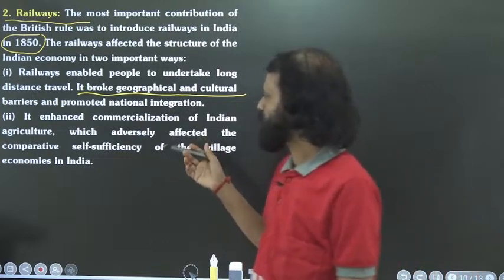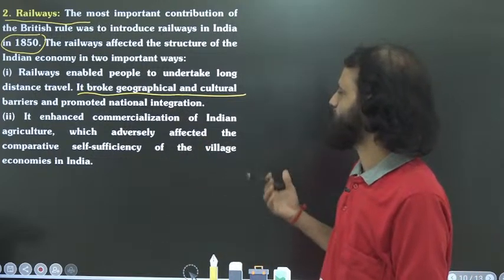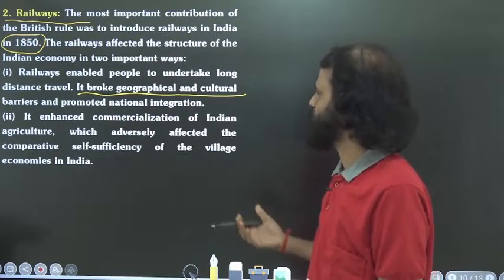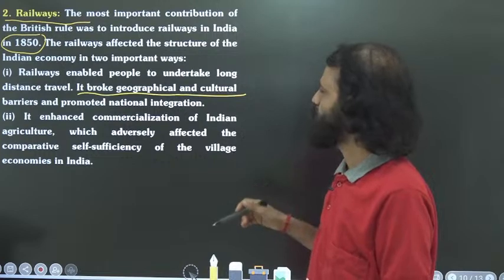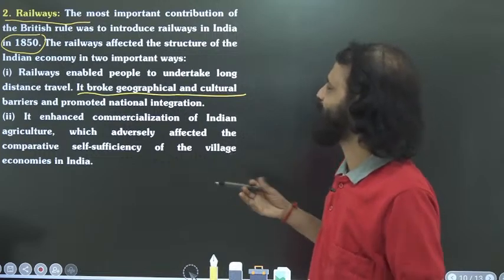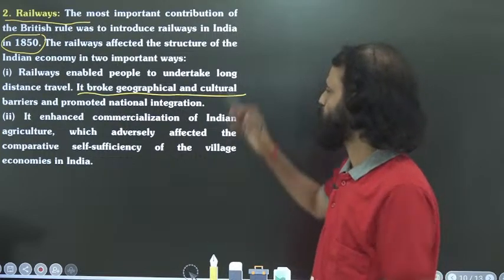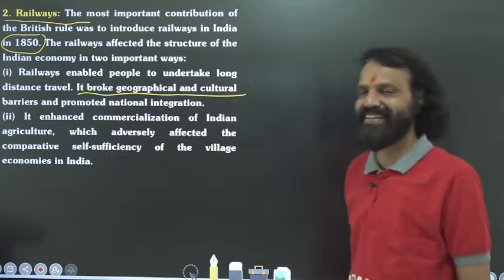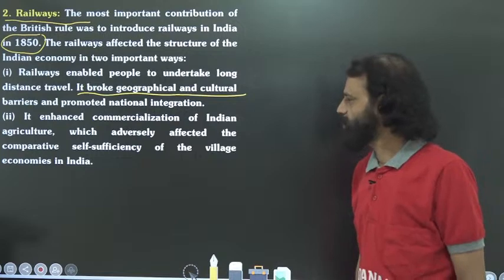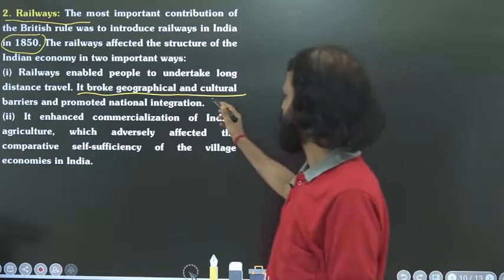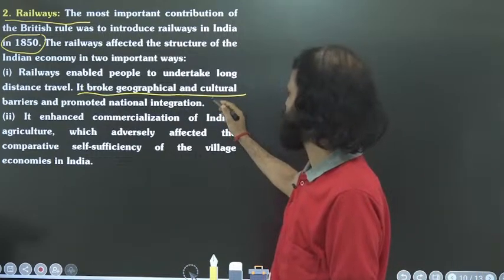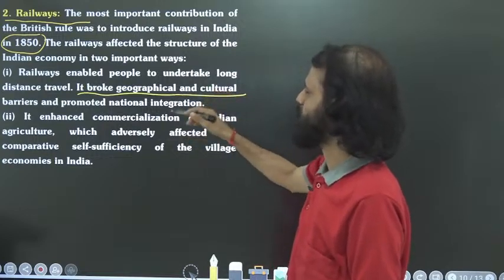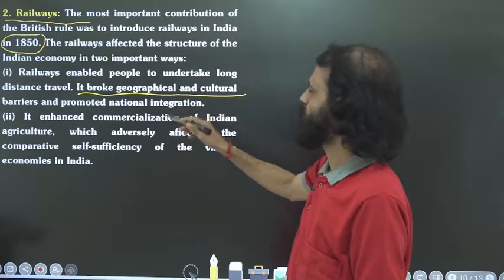They understood the different cultures, different languages, their different celebrations and everything. Indian Railway connected people together. It broke geographical and cultural barriers and promoted national integration. So after that, people felt one India, India is one. They felt that actually they had seen the whole India.